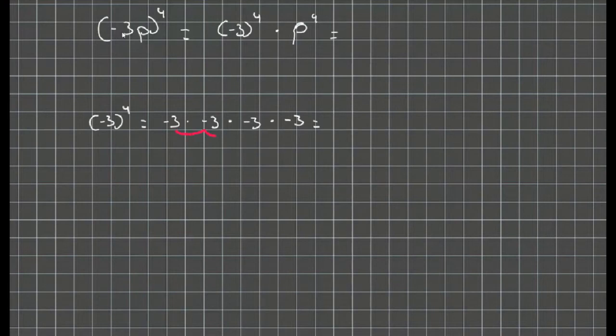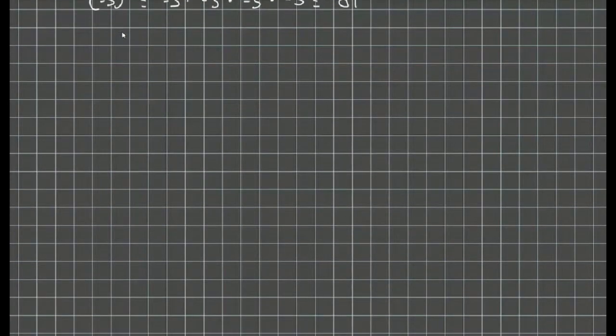If I then multiply it with a negative number, I get a negative number. And if I multiply it with another negative number, I get a positive number. So if you have an even amount of negative numbers which you multiply, you get a positive number. 81. Okay. So I have 81 times p to the power 4, and I can just write it like this. This is how you simplify it. Okay, so that's when we have a product raised to the power.